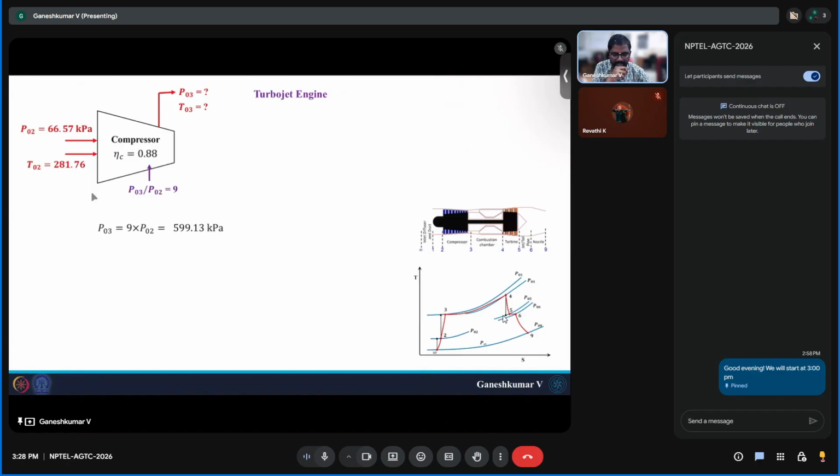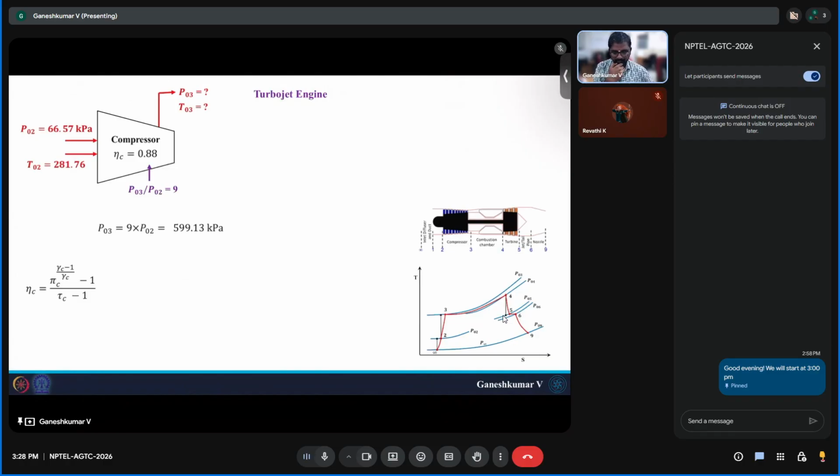For example, here we saw that P infinity is like 41 kilopascal. On the ground it's like 1 bar, right? So when you compare to the pressure at the ambience at that altitude, it would be a very high difference.